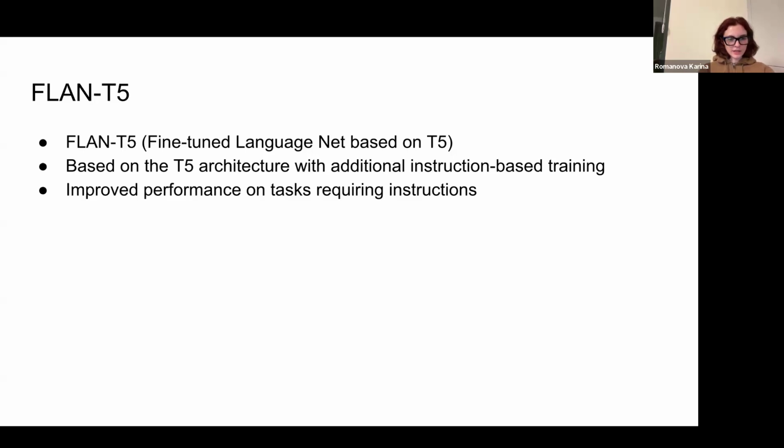So Flan-T5 is a variant of the T5 model, specifically fine-tuned with instruction-based learning, and it's very important to understand this. FLAN, which stands for fine-tuned language, extends T5's capabilities to better follow instructions, making it more effective in tasks requiring structured responses.